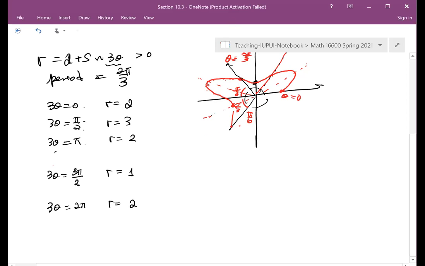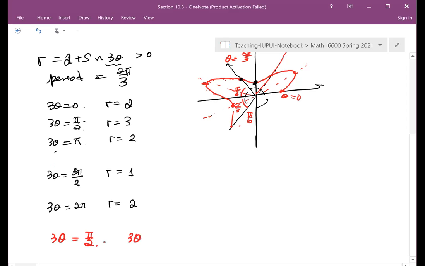We just need to find out which angle gives you that point, this tip of the point. So we have to show that when sine 3 theta equals 1, 3 theta is going to be pi over 2.